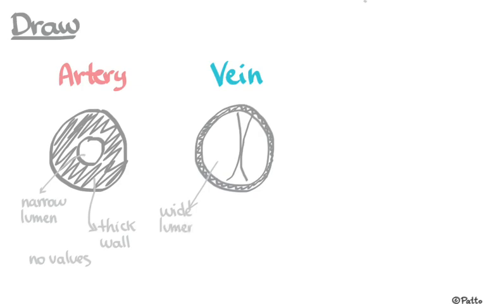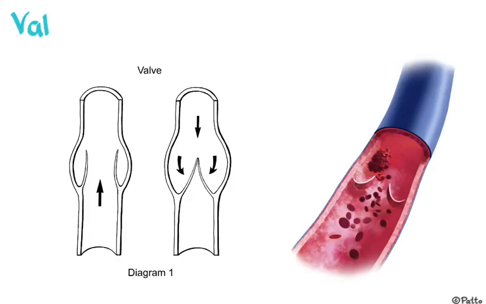They have a wide lumen, they have a thin wall, and they may have, depending on the cross-section, a valve. Valves are there, but sometimes in the cut you don't see the valve. But if you're going to represent a vein, it's a good idea to draw valves in there. So this is the representation in drawing of an artery and of a vein.